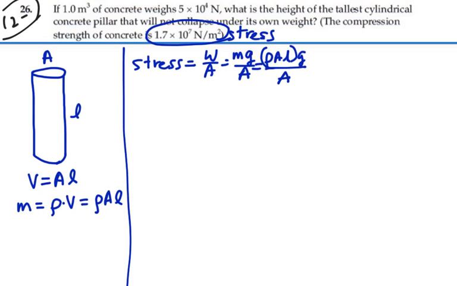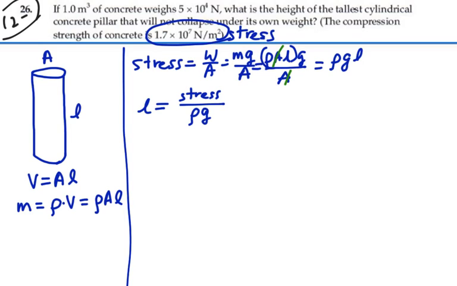So we see from this that the areas cancel out, and this would be equal to the density times g times the length, or density times g times length. That's it. So the length is going to equal the stress divided by the density times g.